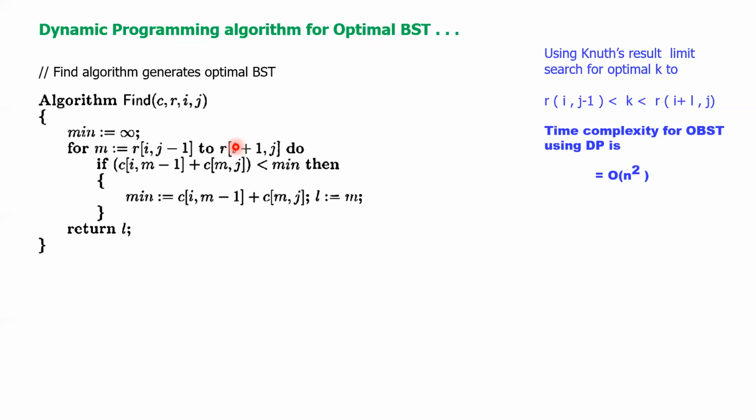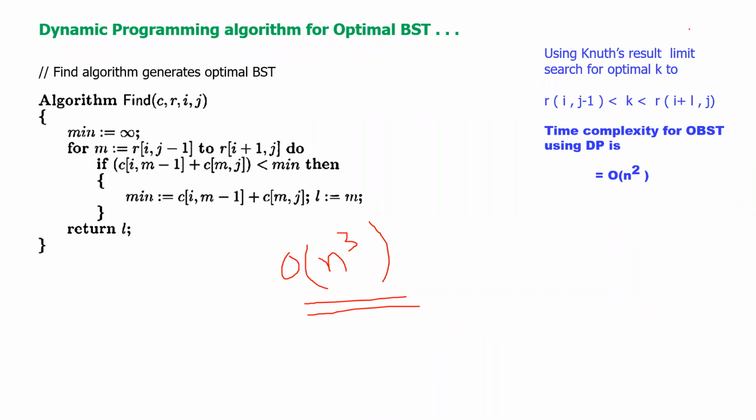In general, I'll check the cost functions for all possible k values. It will take more time. Actually, it will take n cube time. If you are going with the brute force approach and finding the cost functions for all the possible values of k, then the time complexity will be n cube.